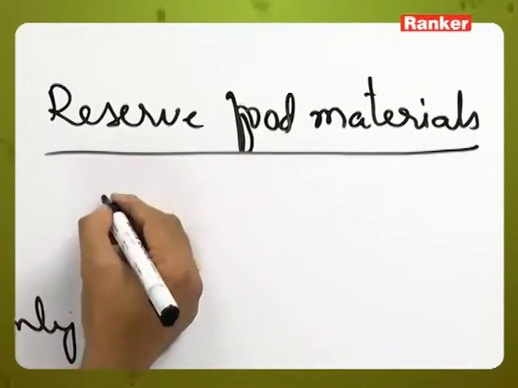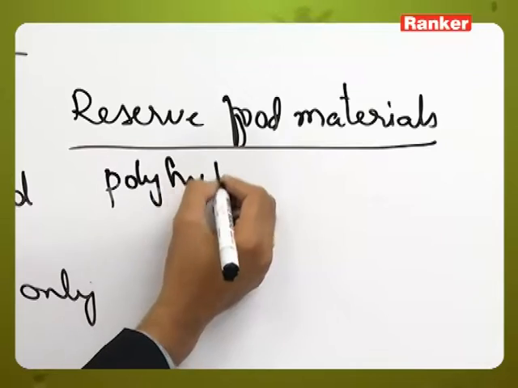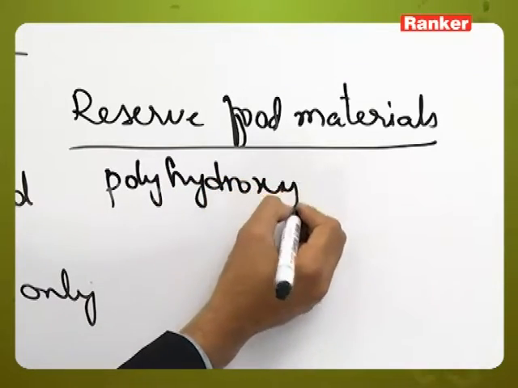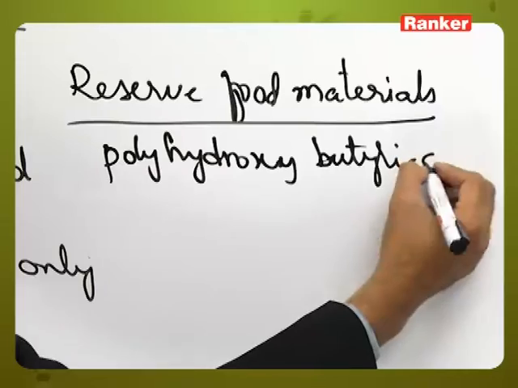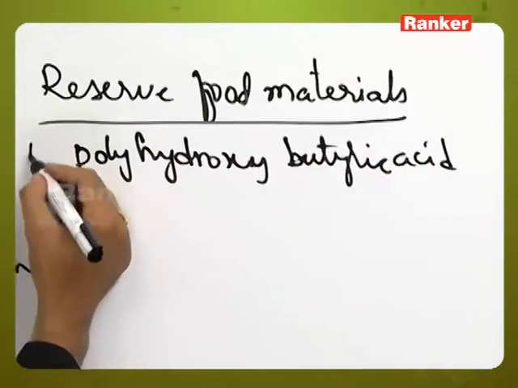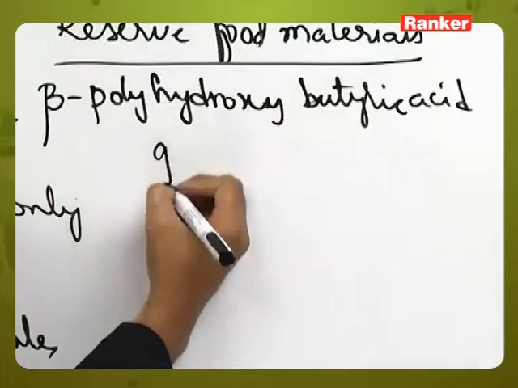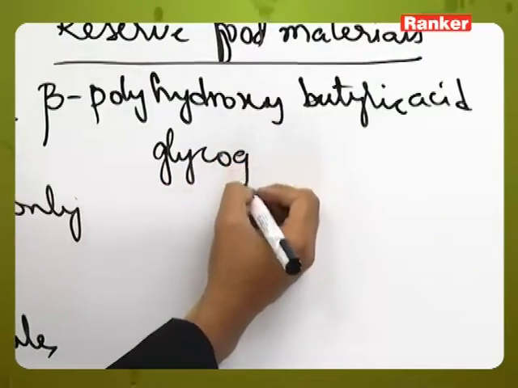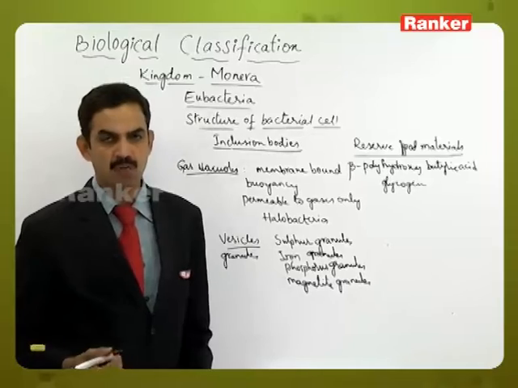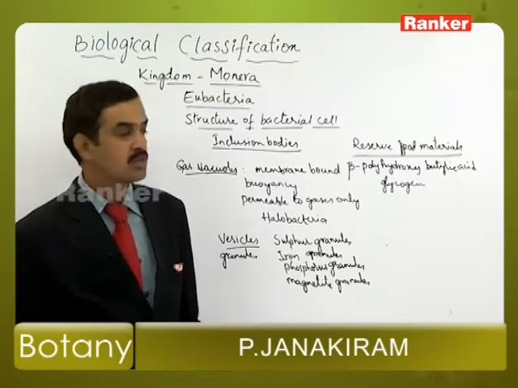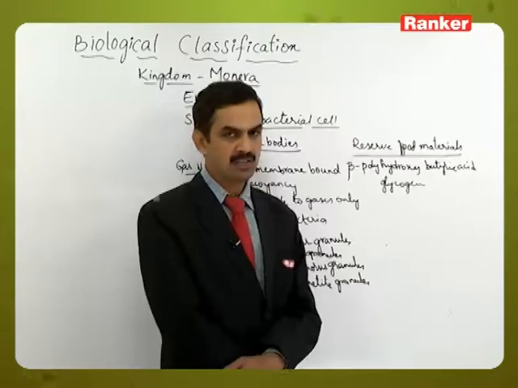It will be in the form of polyhydroxybutyric acid, or we can call it beta polyhydroxybutyric acid, and some will be in the form of a glycogen molecule. Glycogen is a type of polysaccharide molecule. Likewise, the reserve food material will be stored as poly beta hydroxybutyric acid or glycogen granules.